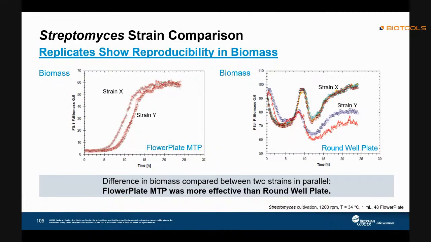So we can do the comparison of the biomass with different types of measurements. That depends on what you want to do. Yes, you can see that the flower plate will be more effective than the round plate, but this can all be optimized by your measurements and by what you want to see.